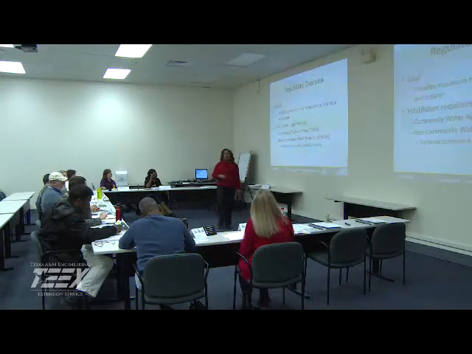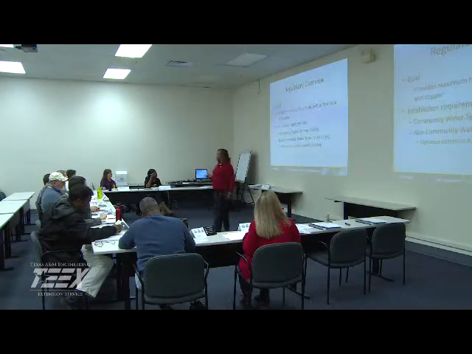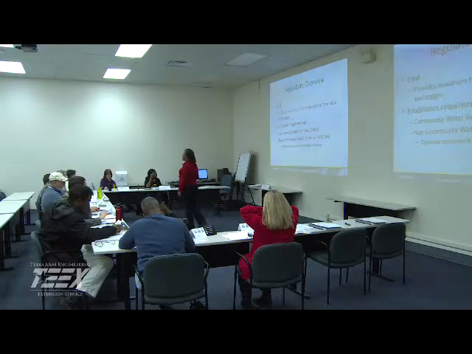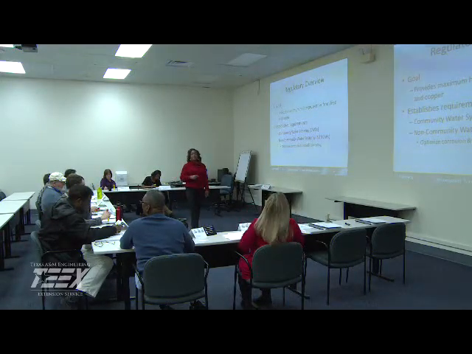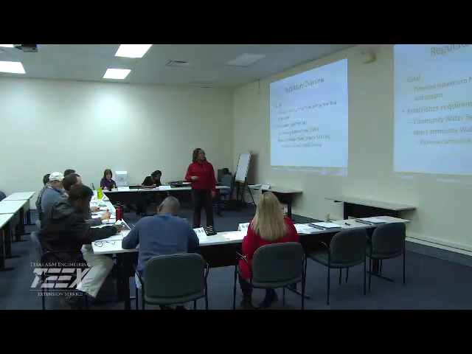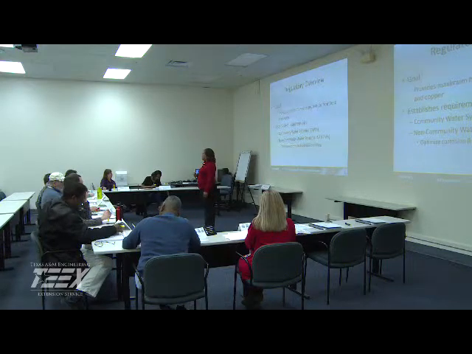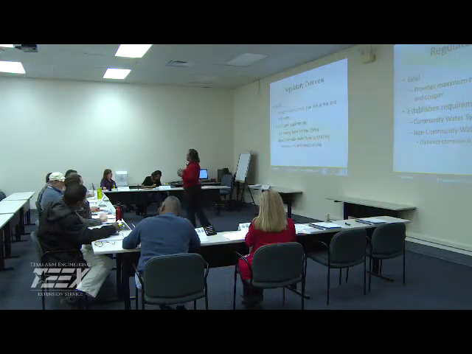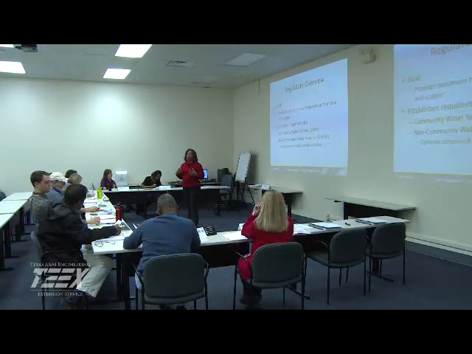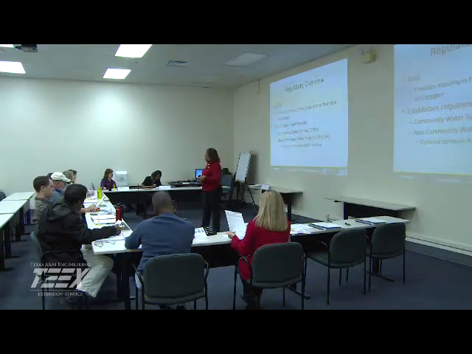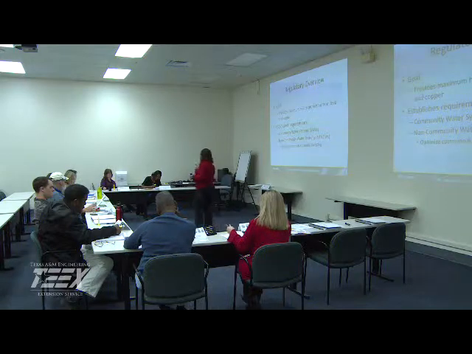A community water system is one that has at least 15 service connections or serves 25 individuals on a year-round basis, or 365 days. Non-community or non-transient non-community water systems, we're still looking at at least 15 service connections or 25 individuals, but now we're looking at a 6-month period of time. So that would be the difference.